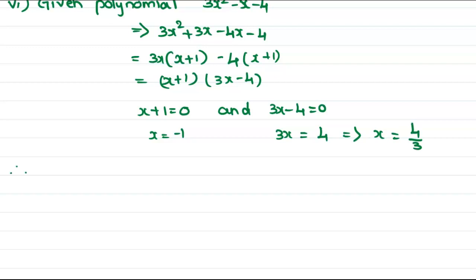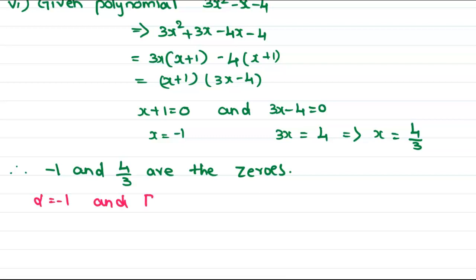So therefore from this information here, minus 1 and 4 divided by 3 are the zeros of the given polynomial. So now let us assume that alpha is equal to minus 1 and beta is equal to 4 by 3.